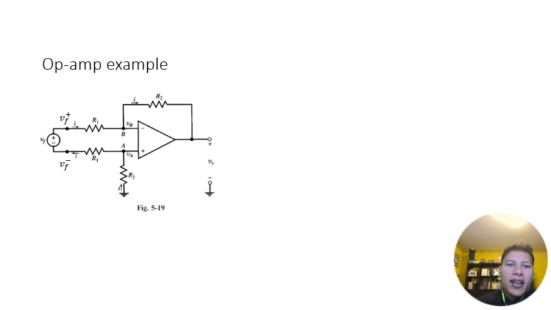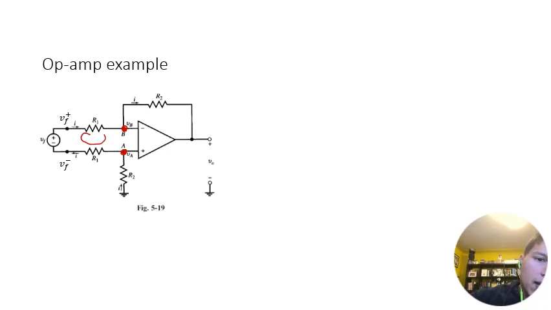Okay, so here's another interesting one. This is a fairly complicated circuit, I would say. It's a good practice example. One thing to note here is, of course, that VA has to be equal to VB. To analyze this circuit, we would have to do KVL.